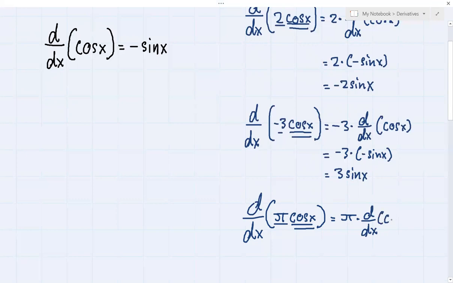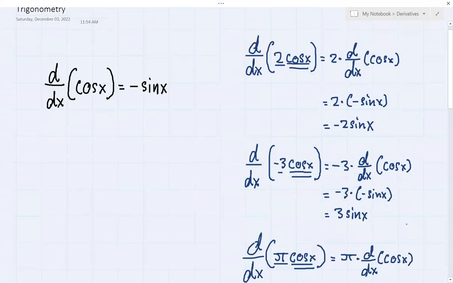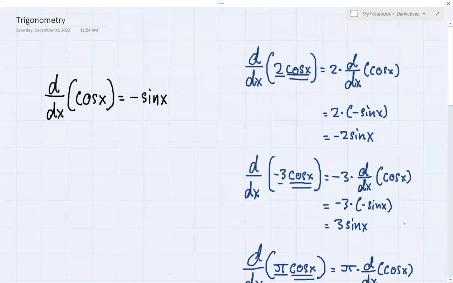Remember, si pi, isa siyang constant, hindi siya variable. Constant siya. Okay? So, therefore, we have pi times the derivative of cosine x, which is negative sine x. So, yun, meron na tayong sagot na negative pi times sine x. O, diba? It's easy.